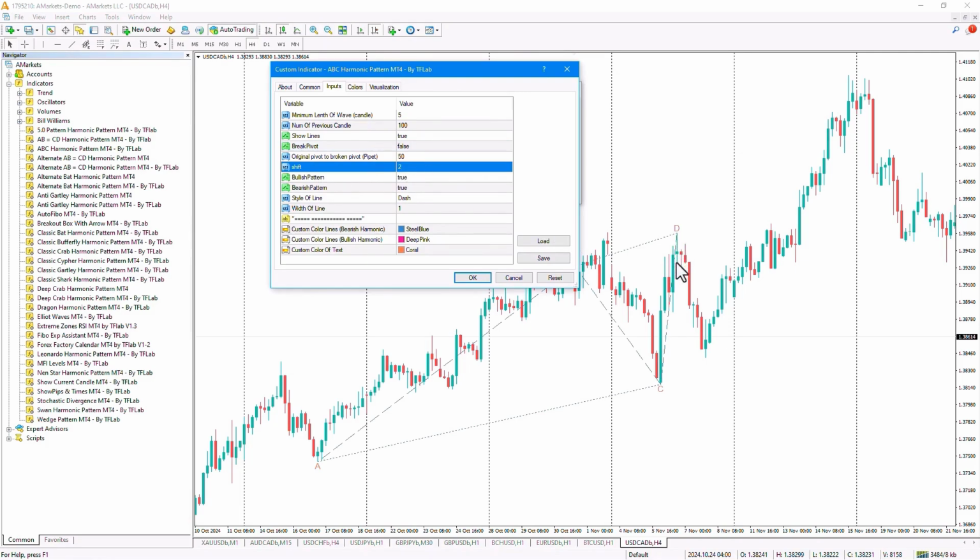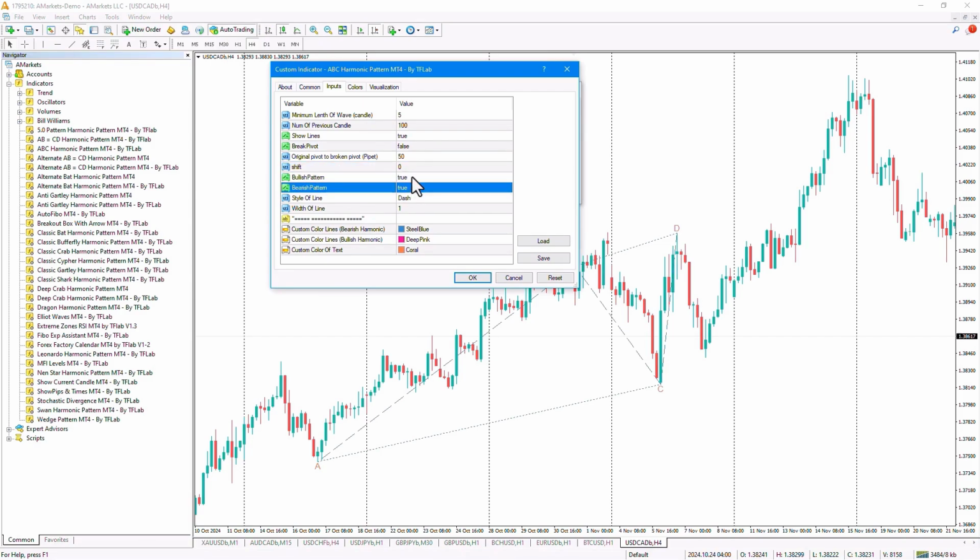This means that after the D-point candle closes, it moves forward by 2 candles and then checks the harmonic pattern. If I set this option to 0, it will check the pattern for us as soon as the candle closes. So traders can use the shift option as a confirmation for identifying the harmonic pattern.